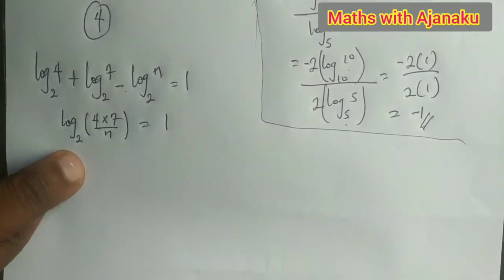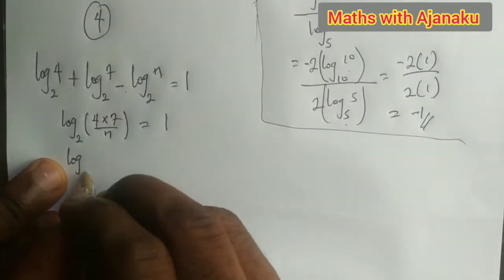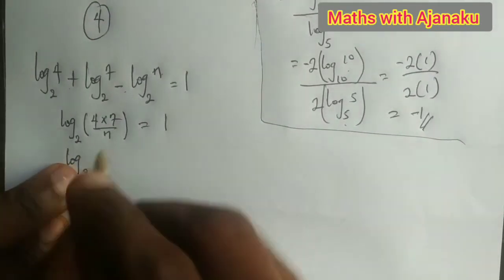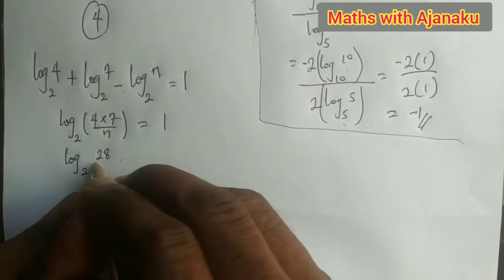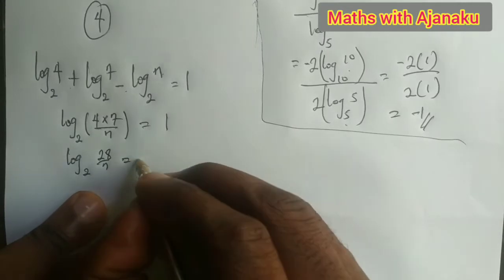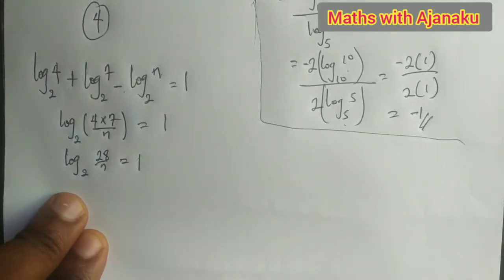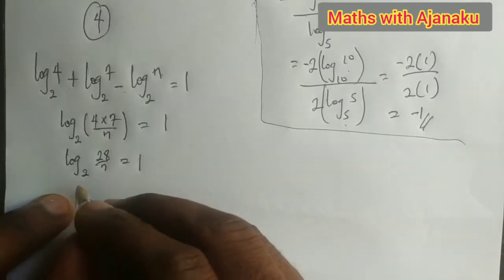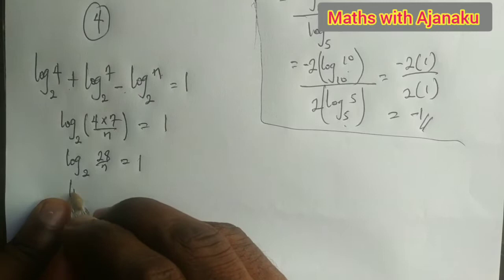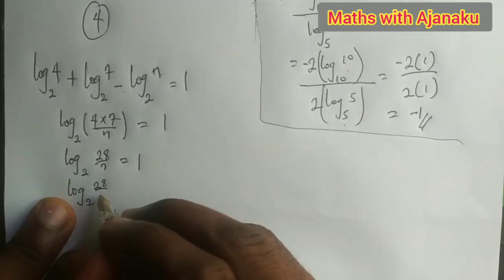Now when you simplify this further, this should give me log base 2 of 28 over n equal to 1. And if you go back to law 3, you will see that you can write this as log base 2 of 2 to the power 28 over n.